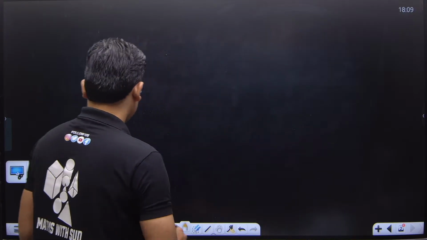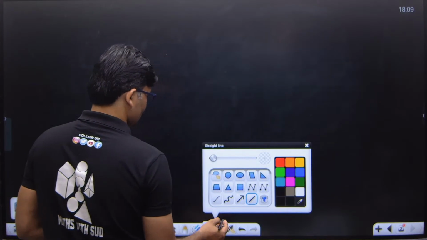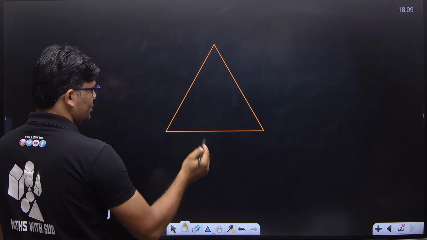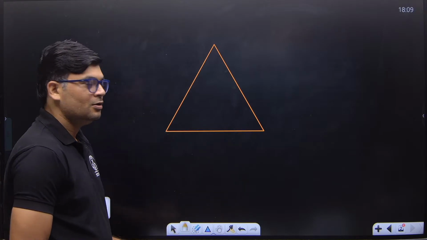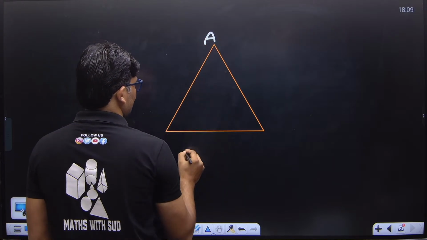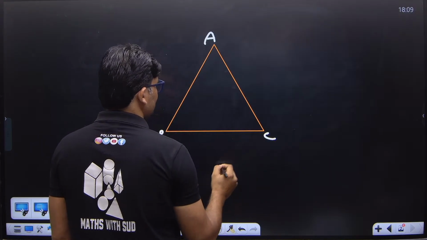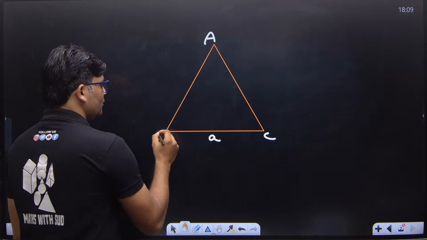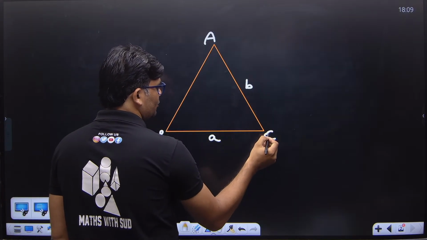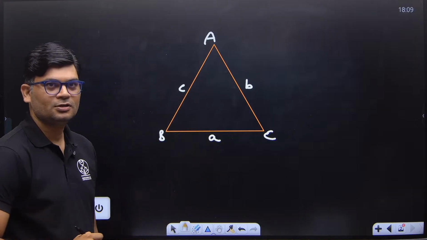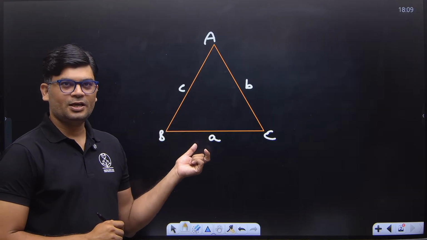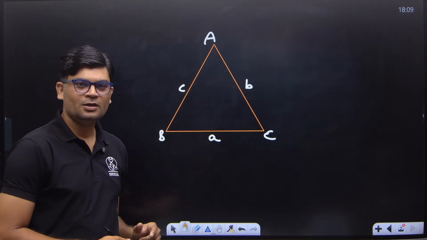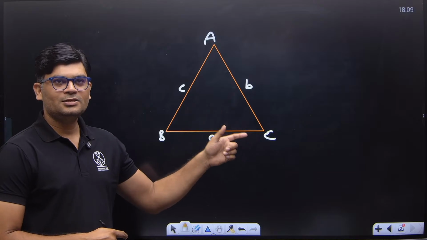Sine A by side a equal to sine B by side b equal to sine C by side c. Okay, let us see this random triangle, with angles A, B, C. The length of the side opposite angle A is small a, the side in front of angle B is small b, and the side in front of angle C is small c.